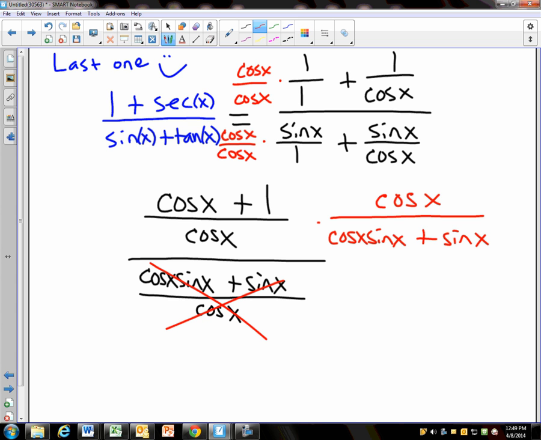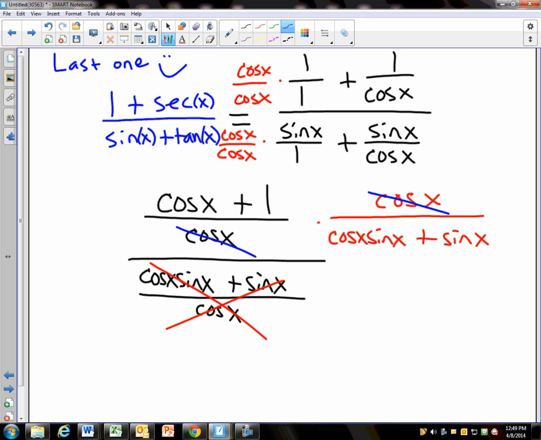What do you notice? Where? Oh, this one? This one is still right here. I'm multiplying by the reciprocal of the bottom. So what happens? Those cancel. Now, wouldn't it be nice if I had a cosine of x plus 1 in the denominator here?